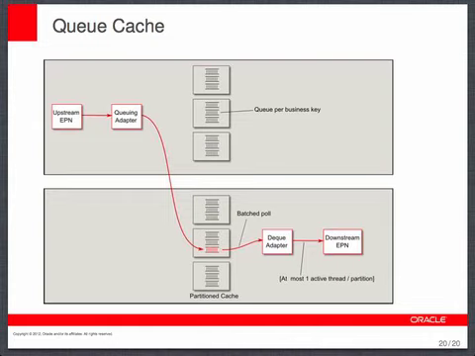And we do another thing here. We also make sure that for a particular partition, there's at most one active thread pushing the event to the downstream EPN. And that means down here, we don't need to worry about race conditions. The order in which the events go into here will be the order in which they get processed here.